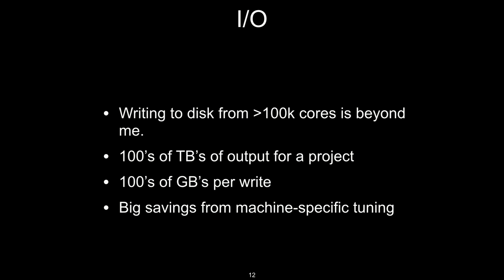All right, and you can get some big savings from doing things like machine-specific tuning. But again, that's bringing in very, very special knowledge about the particular hardware and software stack that you're working on. And so when you have a community, it's just much easier to have that kind of knowledge within the community. And then you move to a different machine, and then you have to worry about performance portability, which I think Anshu mentioned, right?